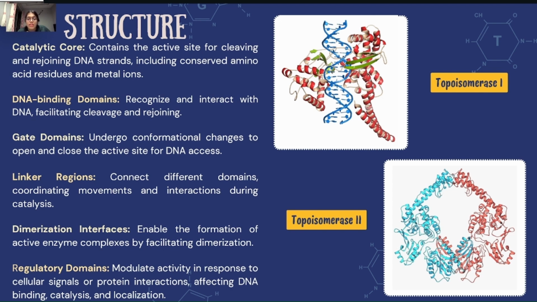Regulatory domain: these modulate activity in response to cellular signals or protein interaction, affecting the DNA binding, catalysis, and localization. The two pictures here are of the structure of topoisomerase 1 and topoisomerase 2, whose function we'll see in the further slide.